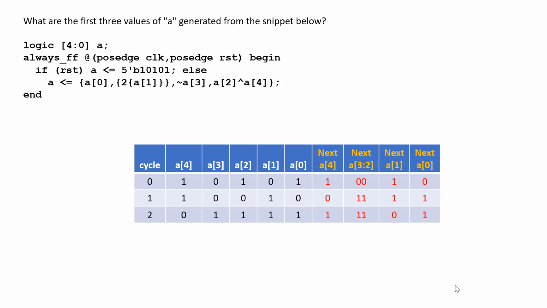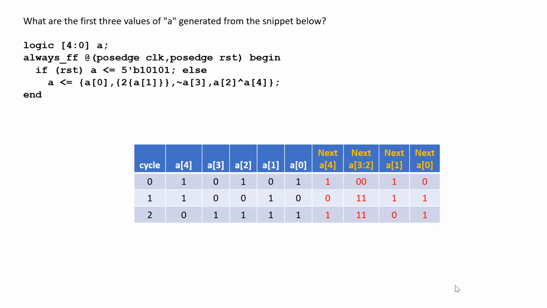The next state uses this concatenation operator, where the new A is formed out of a bit twiddling operation in which it takes the least significant bit of A and then combines that with two copies of bit 1. So A bit 0, and then 2 copies of A bit 1, so 0, 0. So I grouped that into one column. So it's 1, 0, 0.